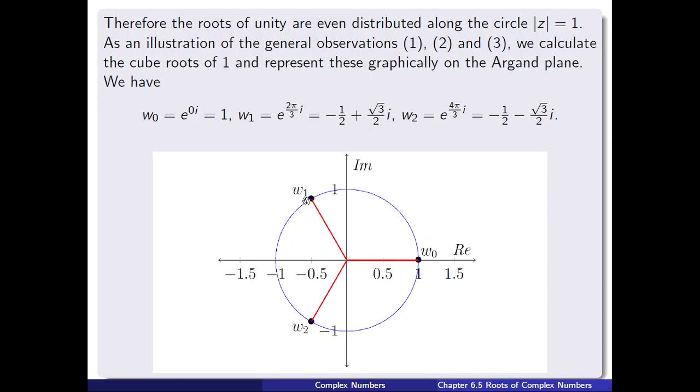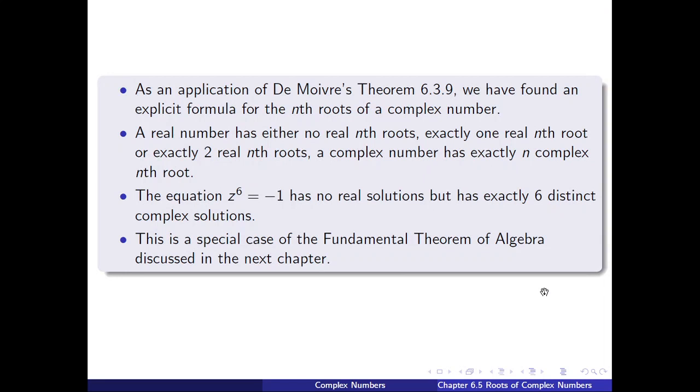And so that will be e to the 2πi over 3, and if you write it in standard form, we get that, and then that one in standard form, we get that. So we get all the 3 roots that we have. So that is that.